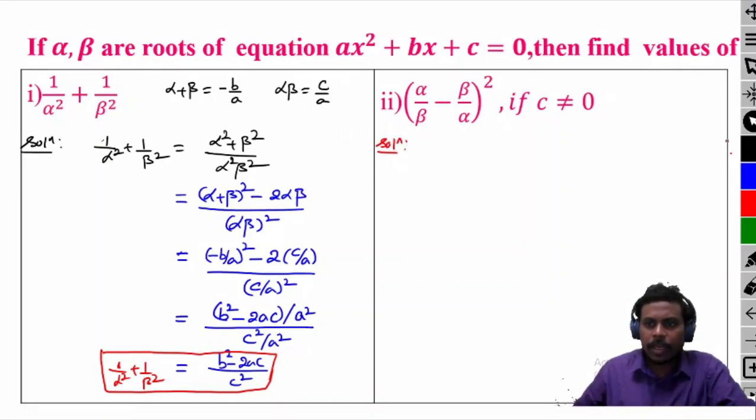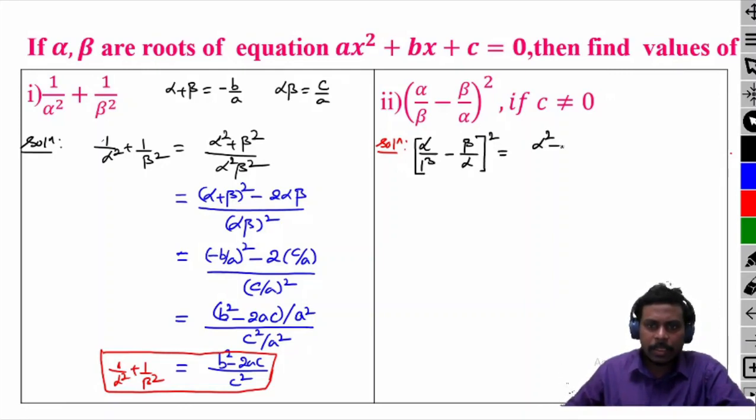Now we have to rewrite this quantity, alpha by beta minus beta by alpha whole square. Now let us rewrite this quantity.